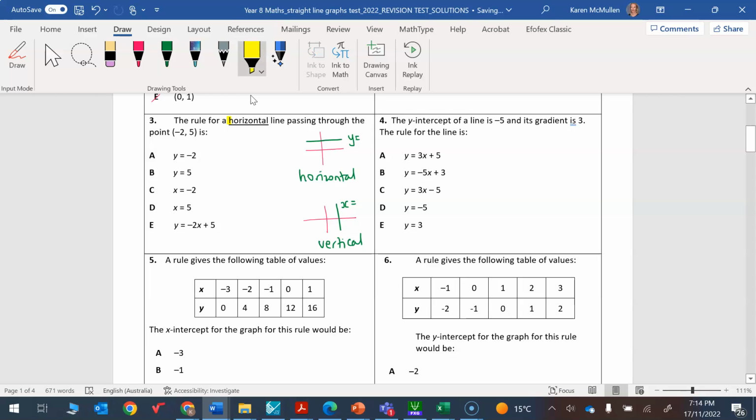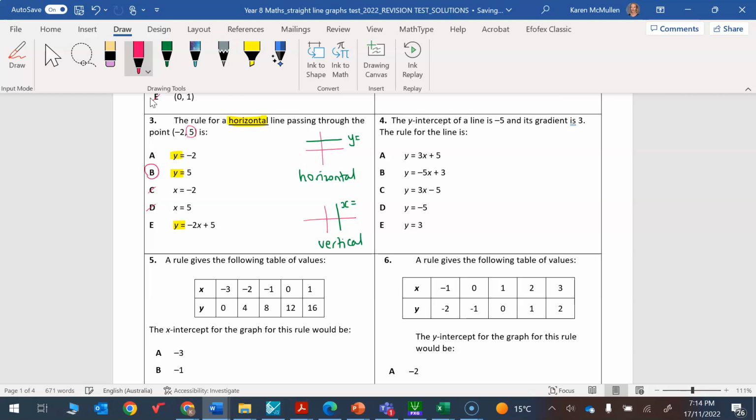So for this one, we want a horizontal line, so it has to be a y equals. We know then it's not going to be C or D because they're examples of vertical lines. So all we need to do is say, where does it actually cross the y-axis? It crosses at y equals 5.